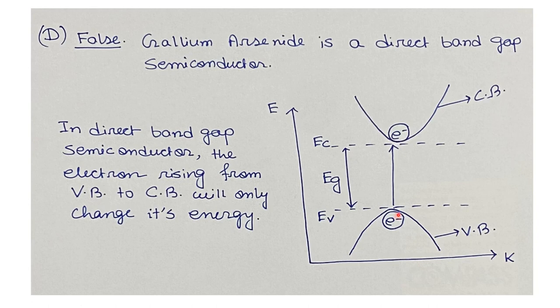So, in order to have an electronic transition from valence band to conduction band, the electron needs only the energy which is equal to the band gap of the semiconductor. The electron doesn't need any momentum change because the edges of the conduction band and valence band lie at the same K point. So in a direct band gap semiconductor, the electron rising from valence band to conduction band will only change its energy.